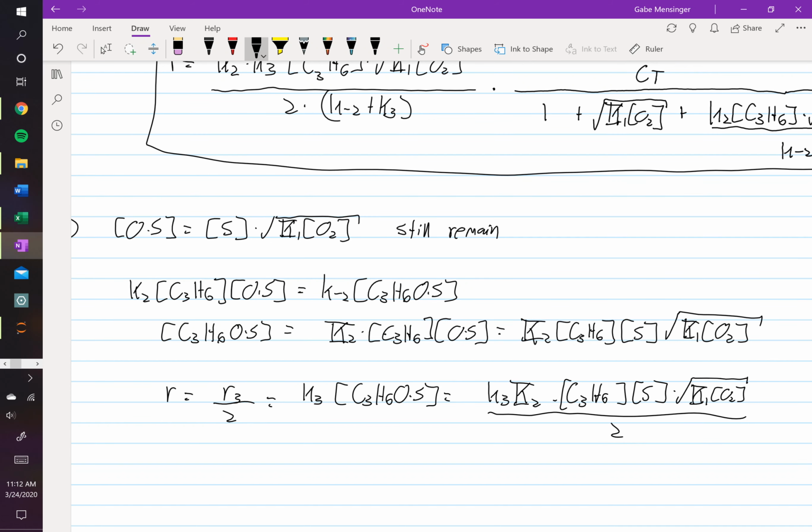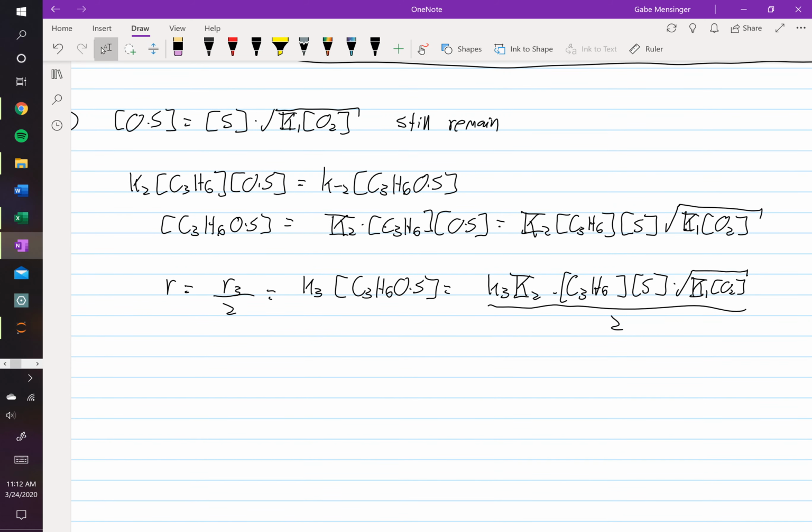Are we done? No, we're not. Same problem as in part A. We have that concentration of S term we need to get rid of. We can do it the same way, where we do a site balance. Concentration of S plus O*S plus concentration of C3H6O*S.